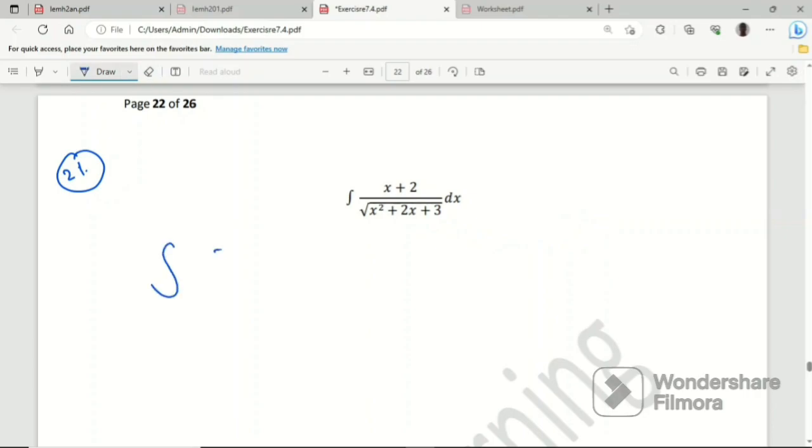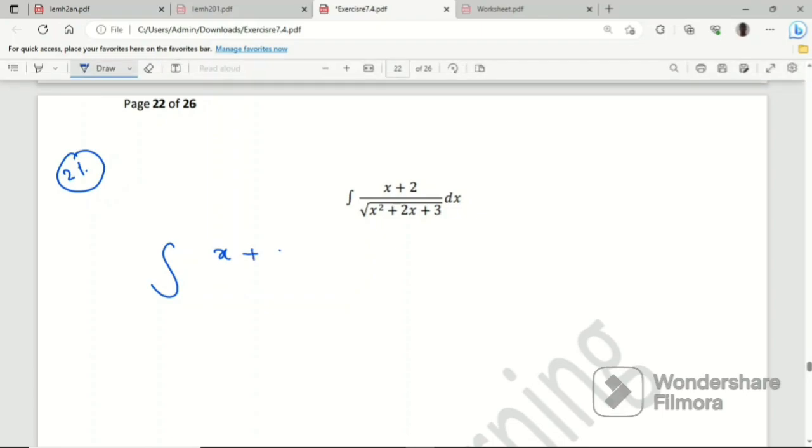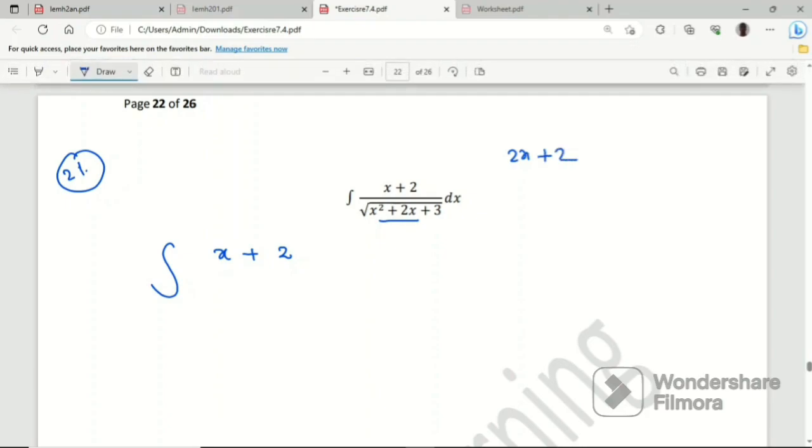What I can do, I can write x plus 2. What differentiation of this I am getting is 2x plus 2. So I want to set up something like 2x plus 2. So what I will do, I will write 2x plus 2. If I multiply here by 2, I need to divide by 2 also.